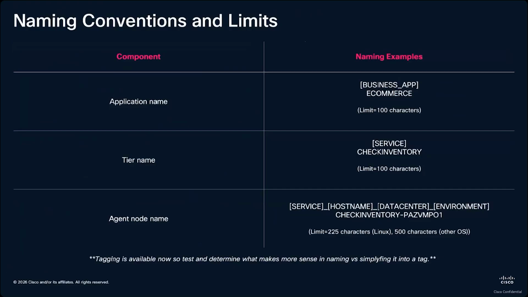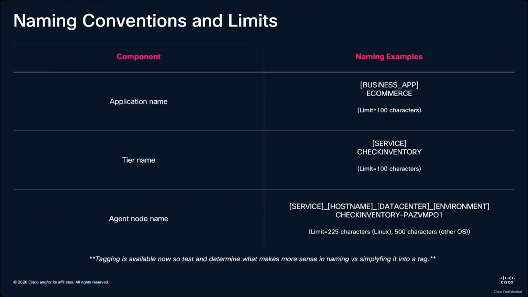Now, when you're dealing with the tuning, the business transactions and stuff like that, it's doing it through the tier level. It's doing it at the tier level, is a better way to put it. So if you start overly diversifying things at the tier level, you're going to end up creating a lot more work for yourself.